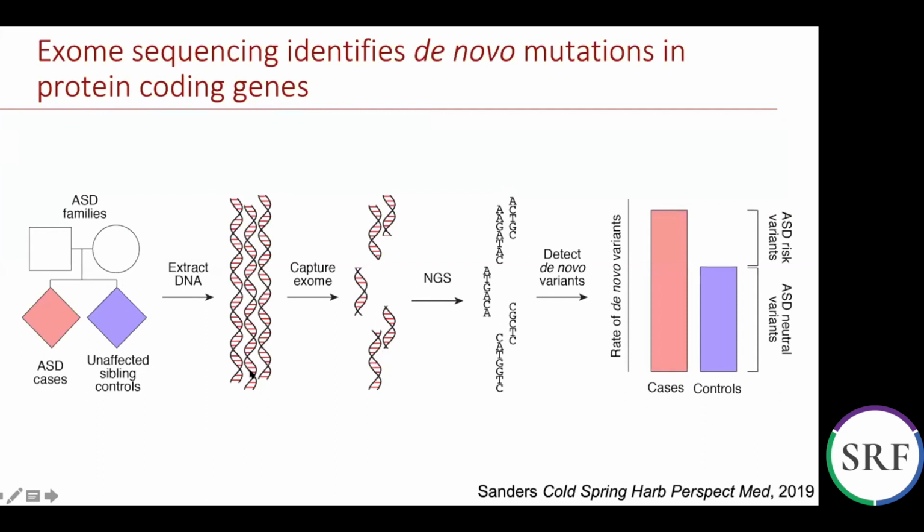From these individuals, along with lots and lots of data, we extracted DNA. From that, we take out the coding regions, the bits which make proteins, and that gets sequenced. From this, we can identify the variants in the genes of the children, but also critically, we can identify the variants which are in the children but not in the parents. These are called de novo mutations.